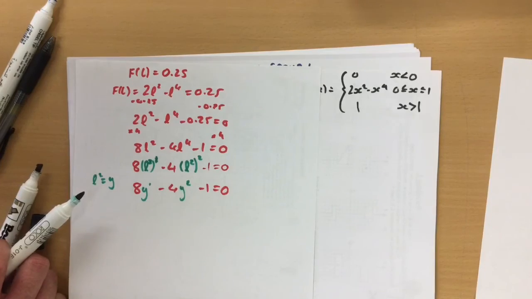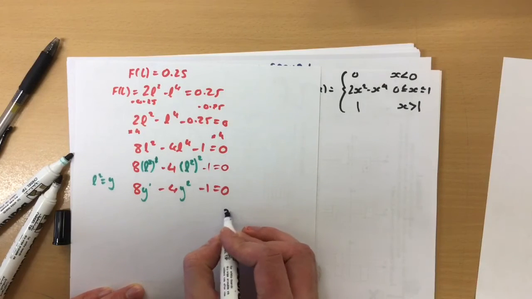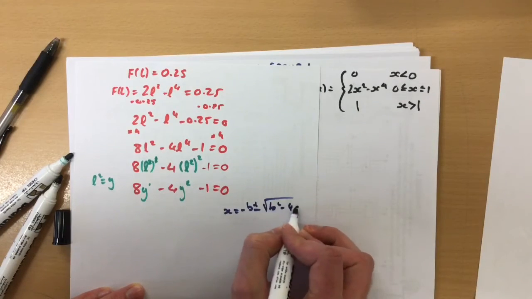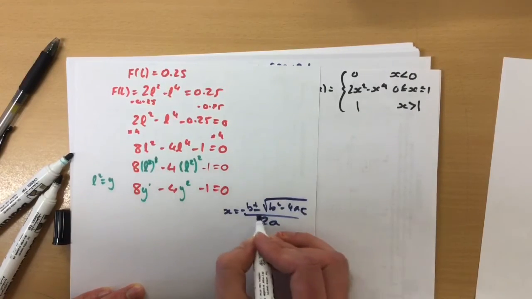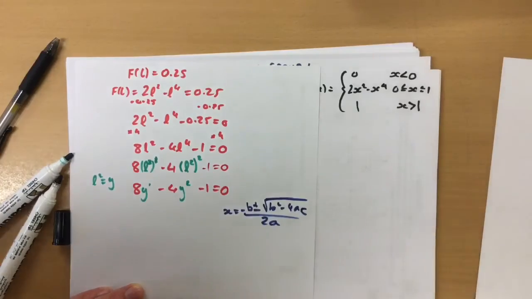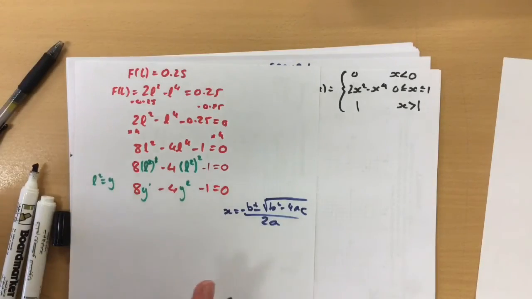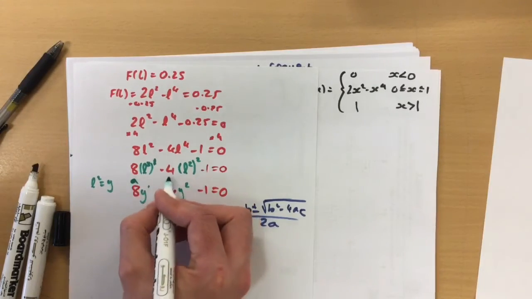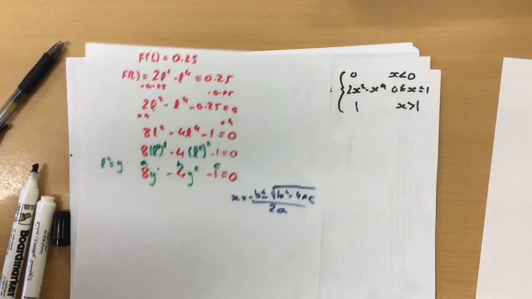So we're going to use the quadratic formula. You should remember that from GCSE, that x is minus b plus or minus the square root of b squared minus 4ac all over 2a. But I'm quite sure you had that off by heart by now anyway. You've probably done it 1,001 times. And I'm sure you can capably substitute in numbers, where this is your a value, your b value, and your c value. And you've got two solutions.